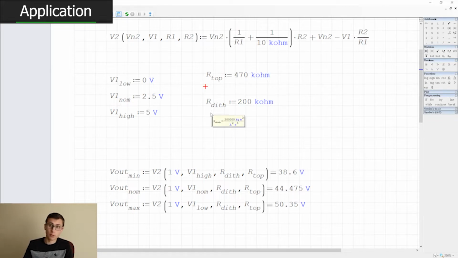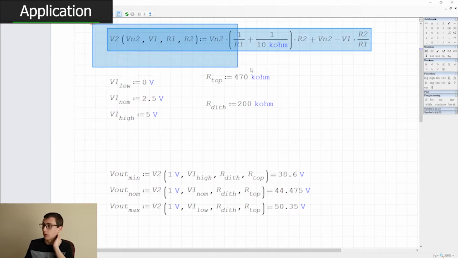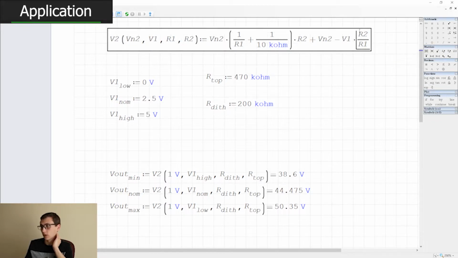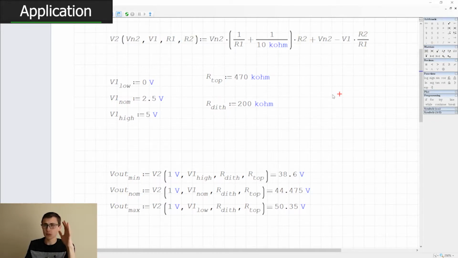Of course, there are more nuanced ways to do this. There are many other methods. And if you solve the system of equations differently, usually where I would end up is I would solve the system of equations two ways. I would solve it first for either R top or R div, so it's either R1 or R2. And I would use that to plug in the control signal and generate the ideal component value.